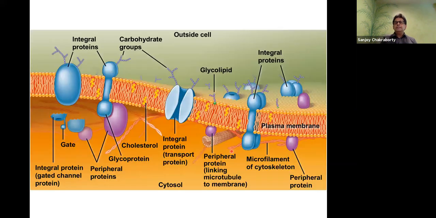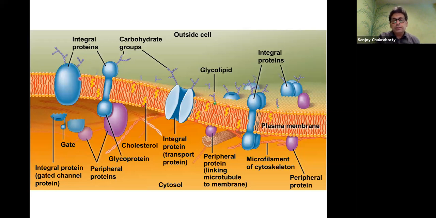But when you go to the detailed structure, we'll see the plasma membrane is made not only with the phospholipid bilayer, but also a lot of protein molecules. Some protein molecules are everywhere. That is why it is known as the fluid mosaic model. The proteins are like a mosaic, everywhere on the membrane.